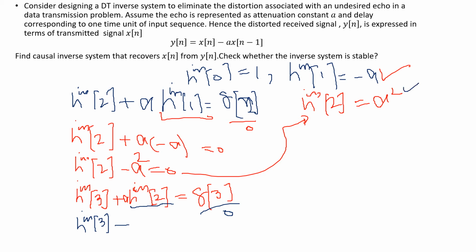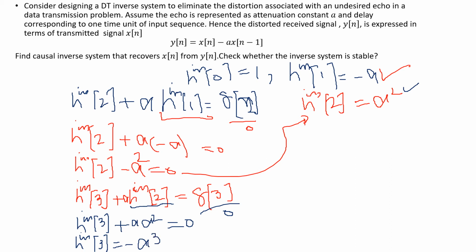So that will be a multiplied by a square, a into a square. So this is equal to 0, so that means h inverse of 3 basically equals minus a cube.